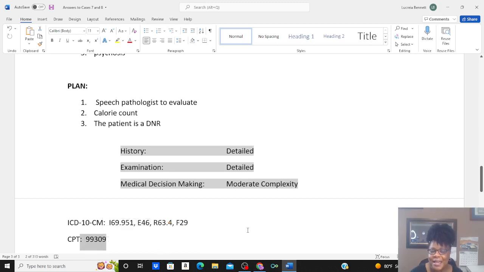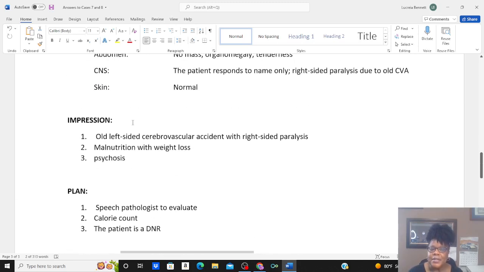But let's look at these diagnoses. Cerebral vascular accident is the only category in ICD-10 to date that's been expanded to include a late effect with a current condition. Patient suffered the CVA 6 years ago.